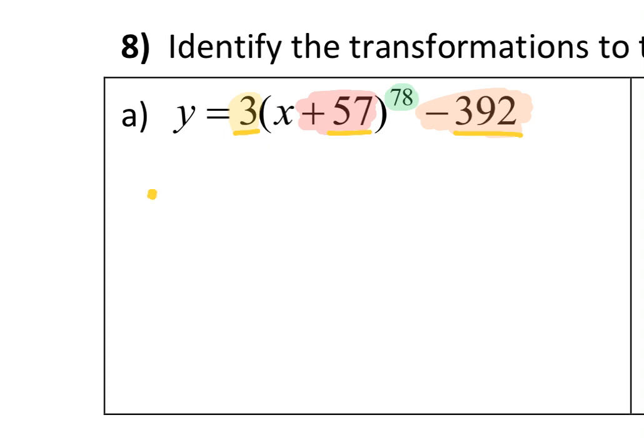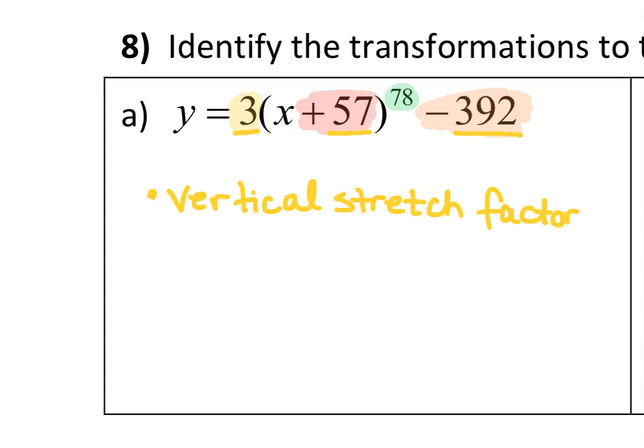And so the 3 out in front is a vertical stretch, but remember that you have to write the factor. So it's a vertical stretch, factor 3. And it's a stretch, not a compression, because this number is bigger than 1. If it were a fraction or less than 1, it would be a vertical compression.